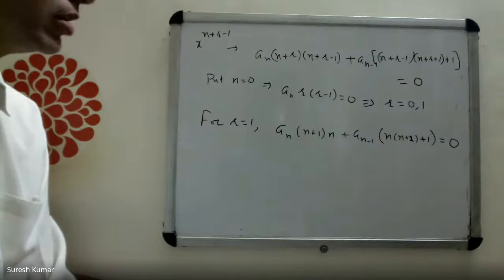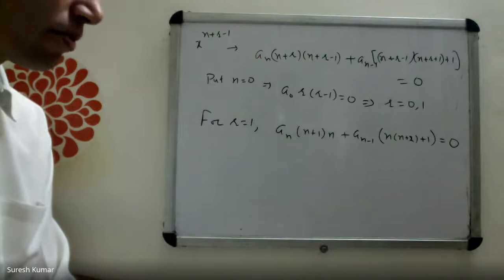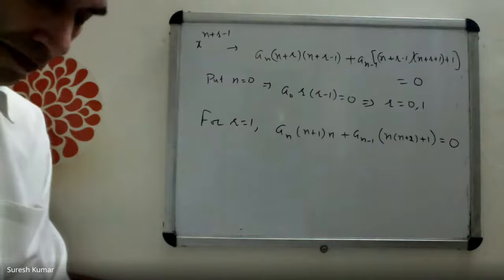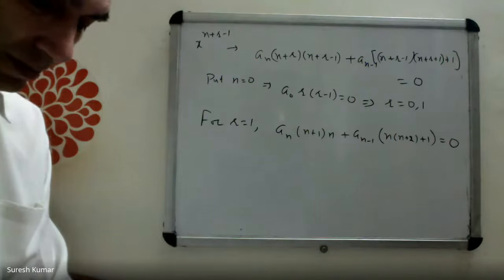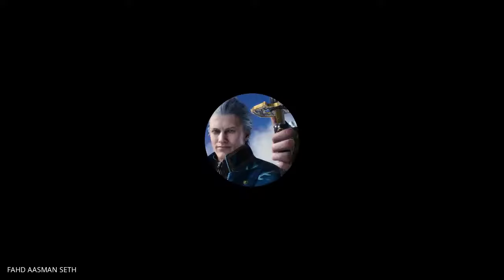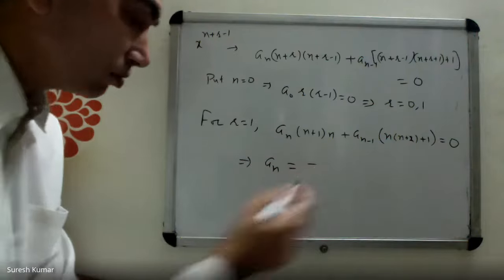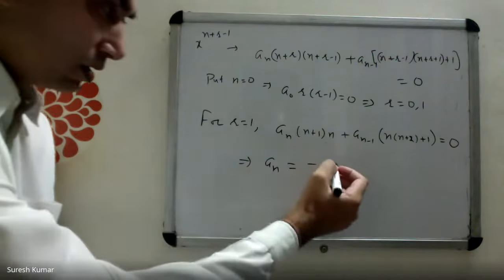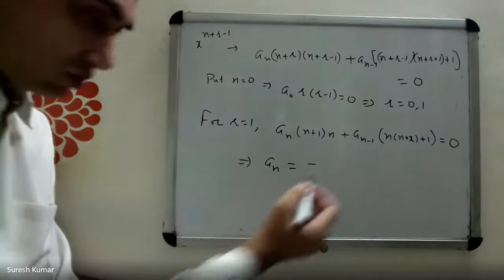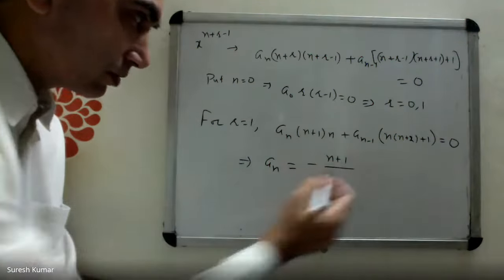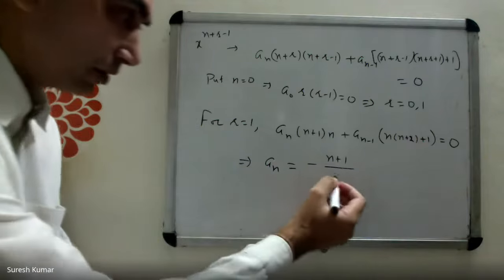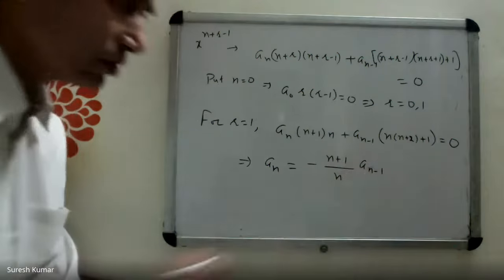For r equal to 1, this is your relation. Is it? Tell me if something is incorrect here. Yes, sir, it's right. So what do you get? An equal to minus, r equal to 1, so you get n plus 1 over n, an minus 1. Check it.